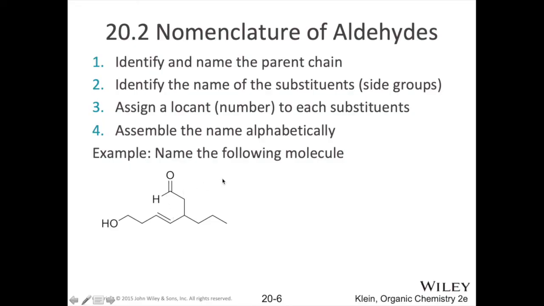So again, when you're naming a molecule like this, take the longest carbon chain containing that carbonyl, and use that as your root word. So in this case, you want to include this longest carbon chain that includes that alkene, that includes that alcohol group. So this is going to be a propyl substituent on that carbon chain.